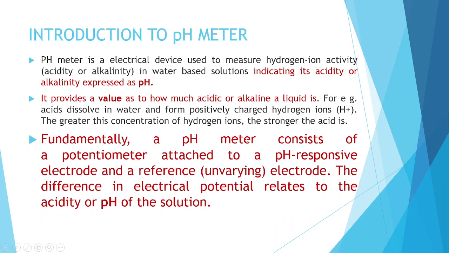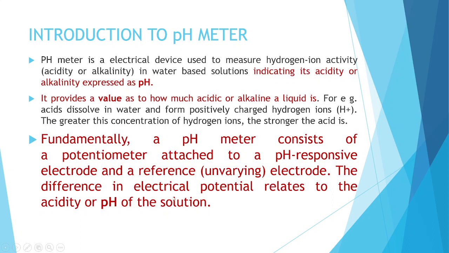Fundamentally, a pH meter consists of a potentiometer attached to a pH responsive electrode and a reference electrode which is unvarying. The pH responsive electrode varies while the reference electrode remains constant.